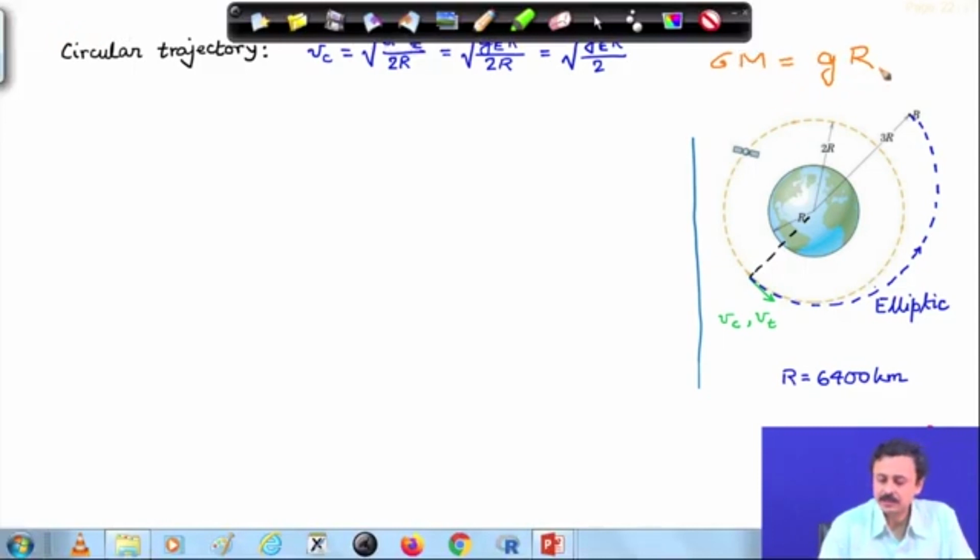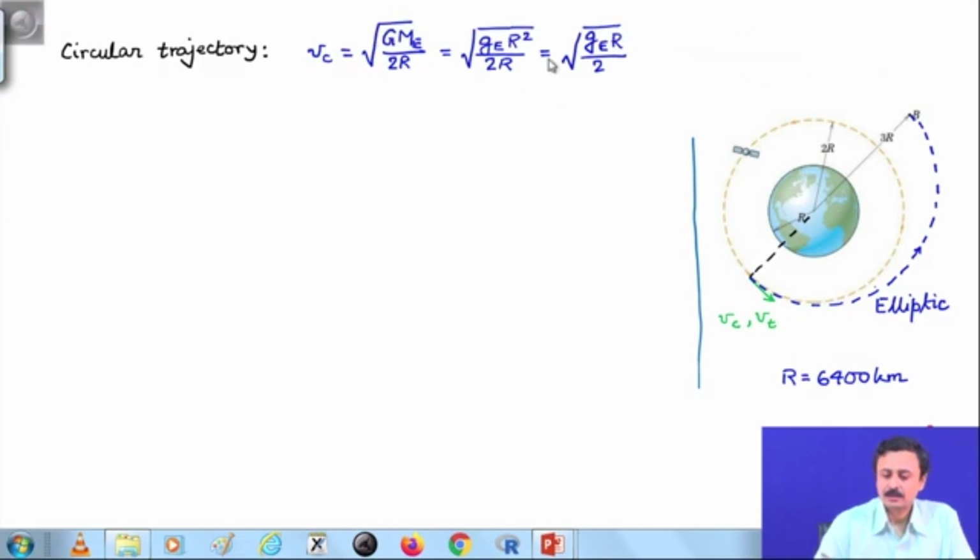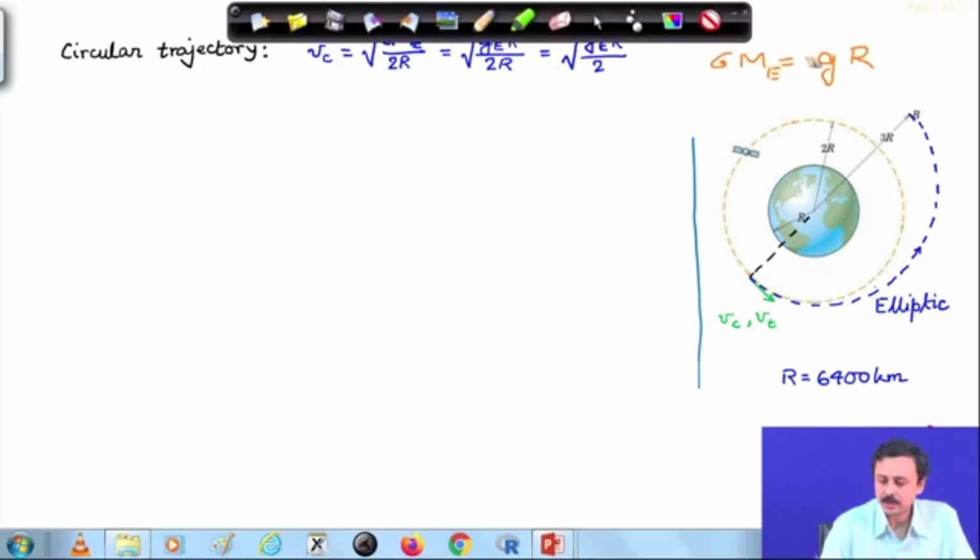In this particular case, this is the earth and this is mass of the earth. This relation I have used. So, this is g R square.